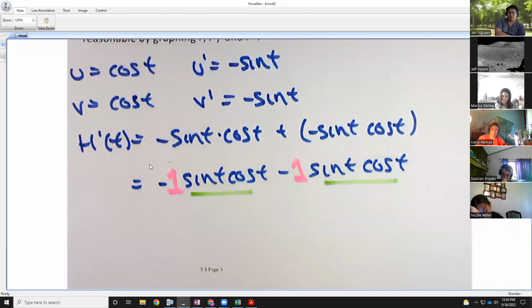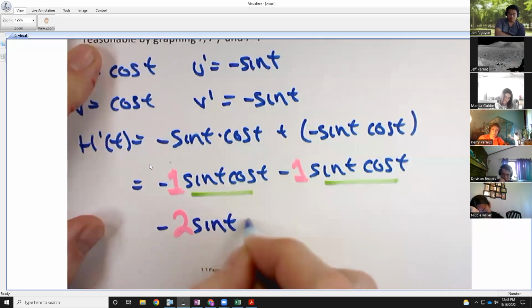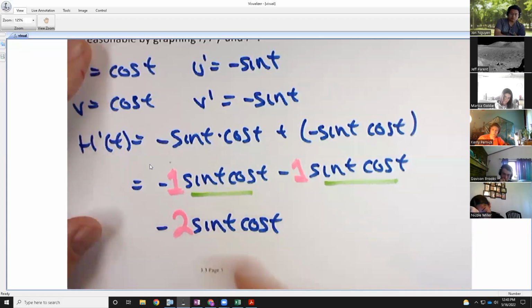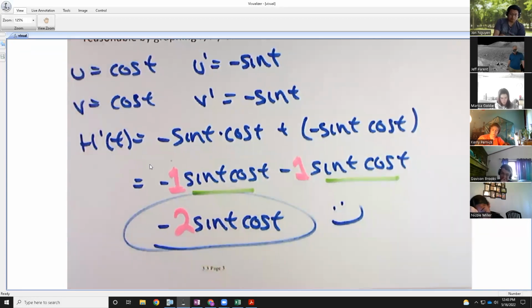This and this are the same. So negative 1 and negative 1 give me negative 2 sine of t cosine of t. And that's what I'd like as your final answer on something like that. Sweet.